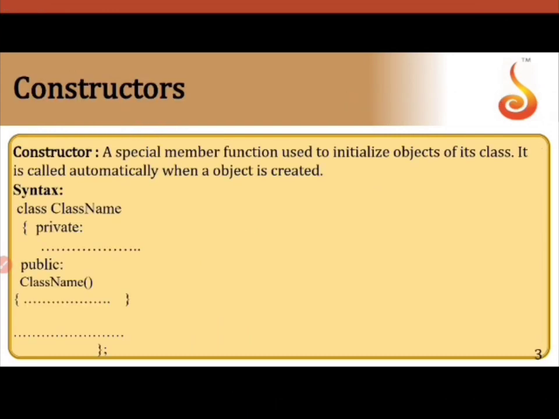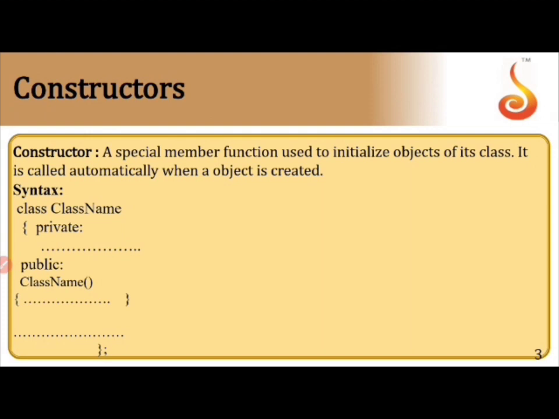Now we will go back to the definition of a constructor. A constructor is a special member function that is used to initialize objects of its class. Yes, it gives an initial value. It is called automatically when an object is created.